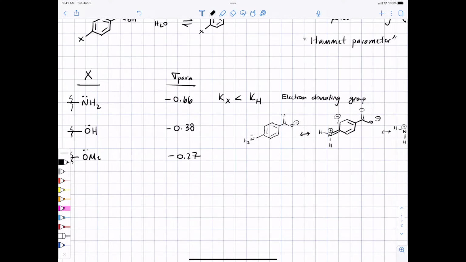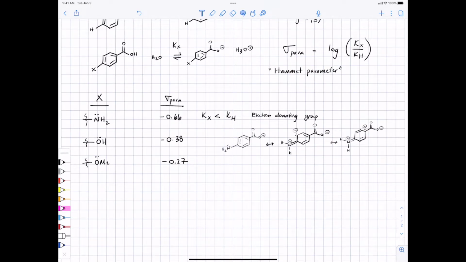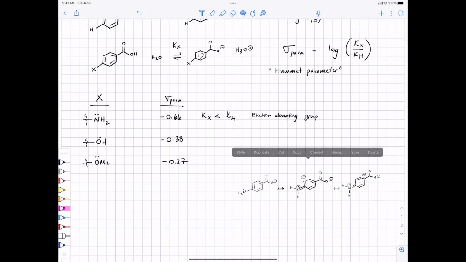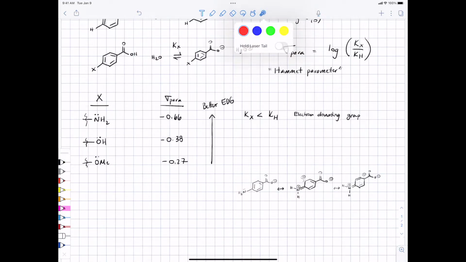So one of the trends with sigma para values is that more negative values of sigma para correspond to being a better electron donating group. And nitrogen's a better donor than oxygen because nitrogen's less electronegative. Its electrons are higher in energy than oxygen's, and so better able to donate.